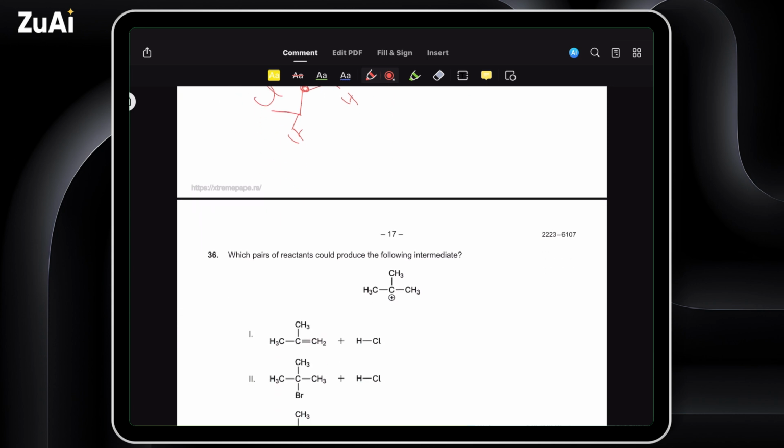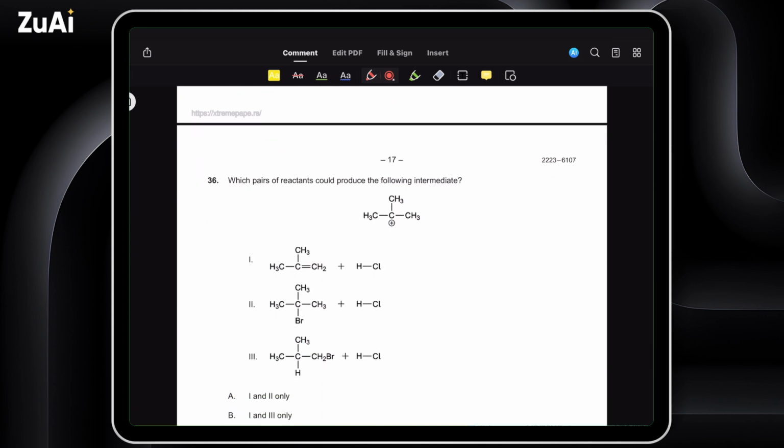Which pair of reactants could produce the following intermediate? The pi bond is going to attack the hydrogen and this bond is going to break.